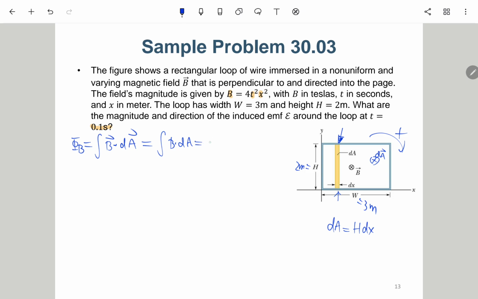So this is the integration of B h dx, and dx will be integrated from 0 to 3 meters. We can plug in B to be 4t squared x squared, and then h dx from 0 to 3.